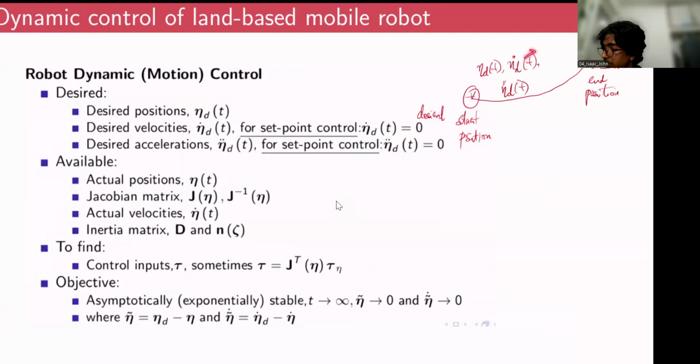So these are the desired parameters, the trajectory coordinates.